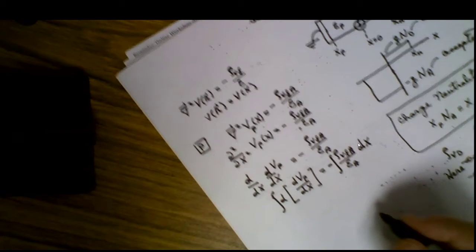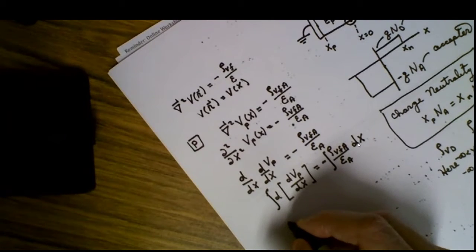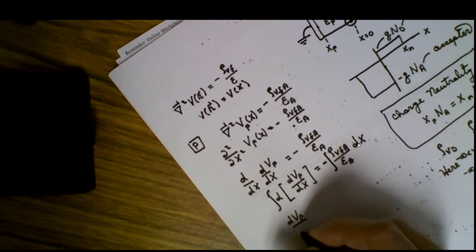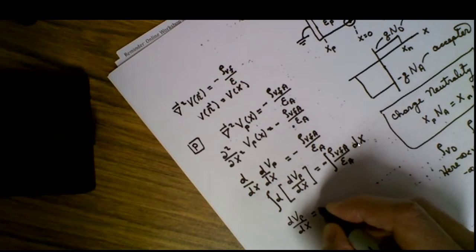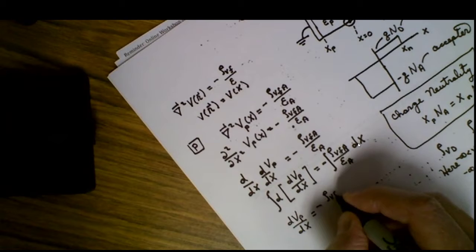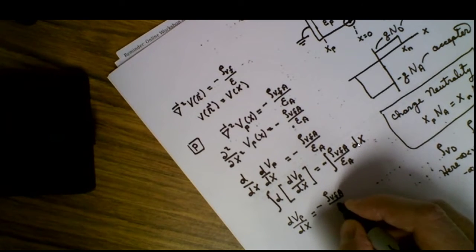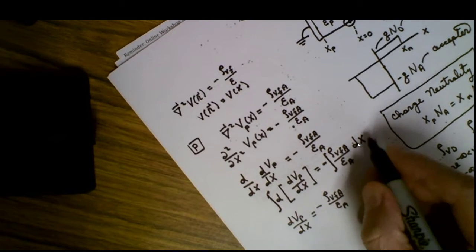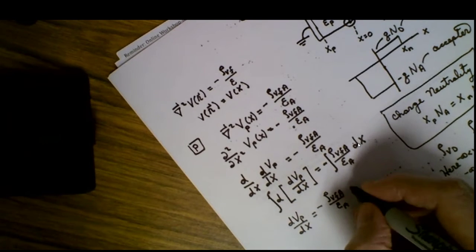The integral of a perfect differential is the argument of the differential. So that's going to give us the derivative of V sub P with respect to x. On the right-hand side of our equation, this is going to give minus the volume charge density of acceptors divided by the permittivity epsilon sub A times the integral of x, the integral of a constant, which is equal to x.